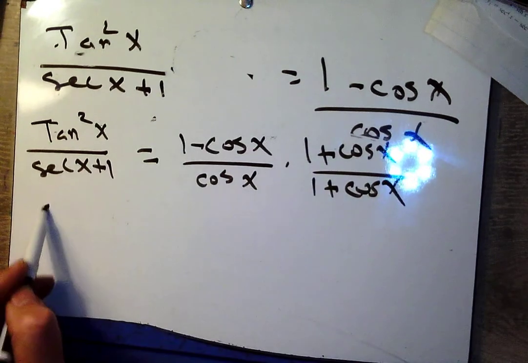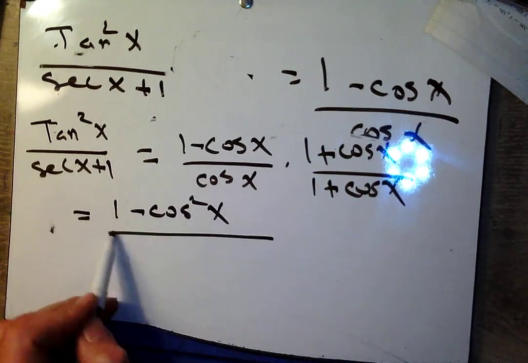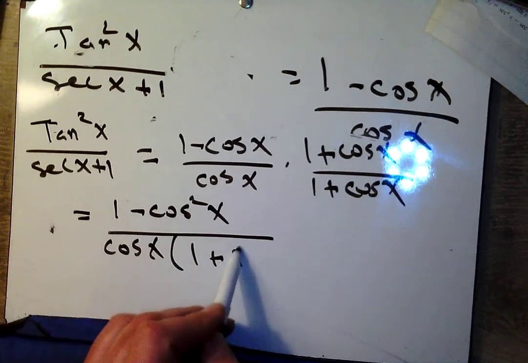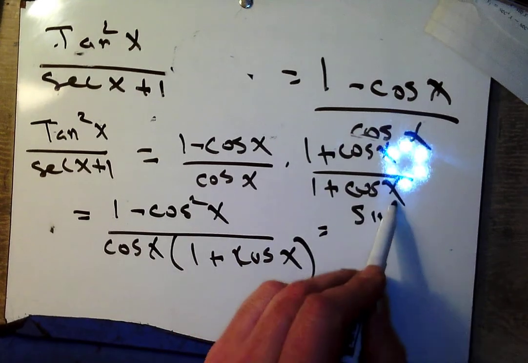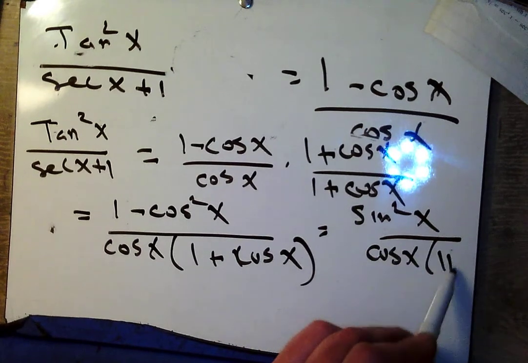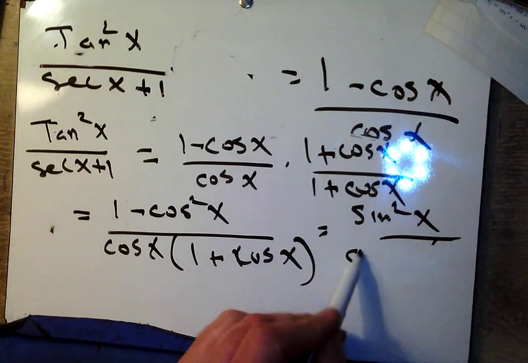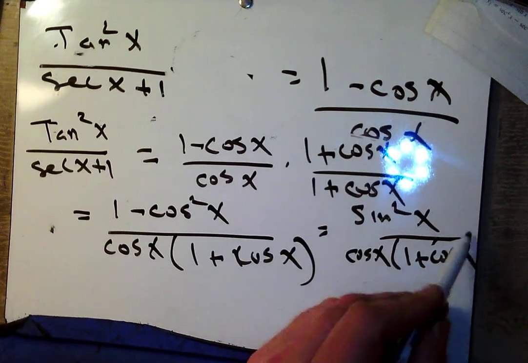I'm going to FOIL on top, and I'm going to have 1 minus cosine squared x. And on the bottom, I'm going to resist the temptation to distribute. And here is sine squared x. And here is cosine x, 1 plus cosine x.